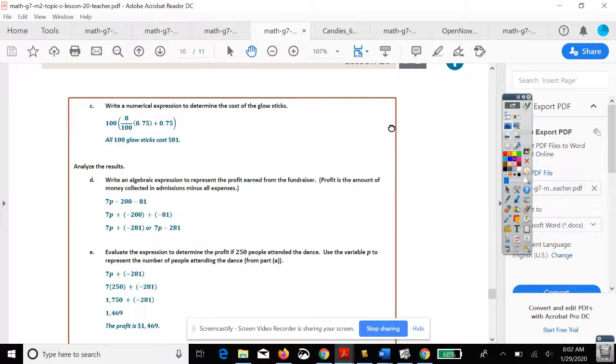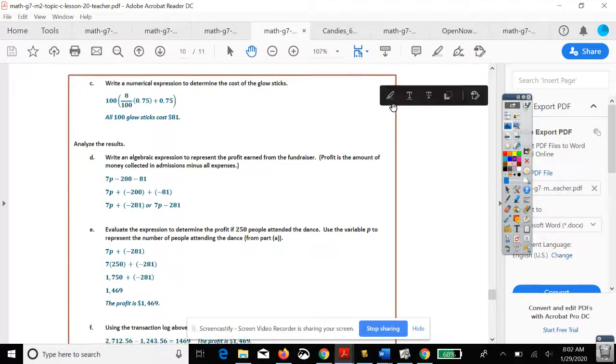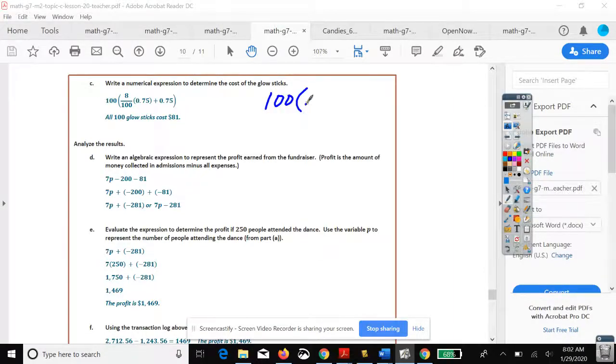C, write a numerical expression to determine the cost of the glow sticks. And you saw me do that before where we had 100 glow sticks times 0.75. And we got an answer, and then we added the tax on that answer, which was 100 times 0.75 times 0.08 tax, whatever it was.